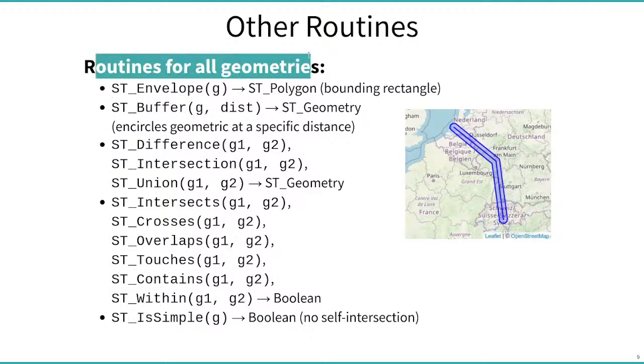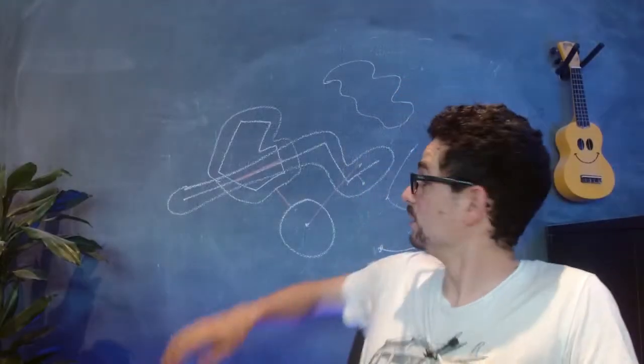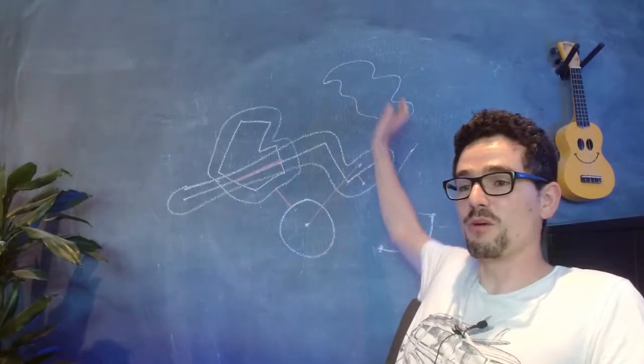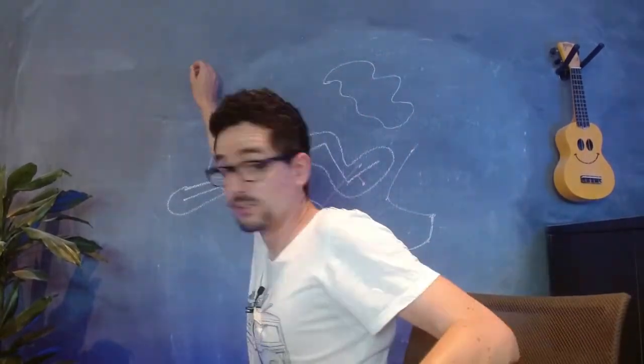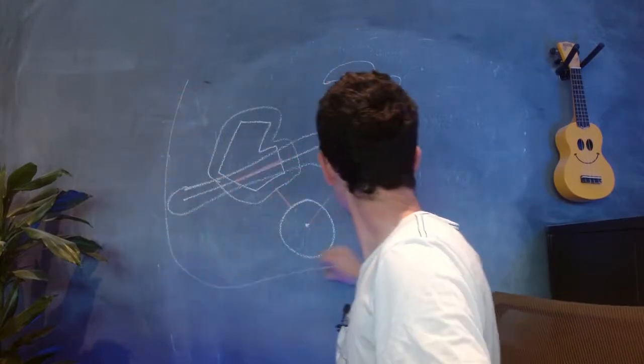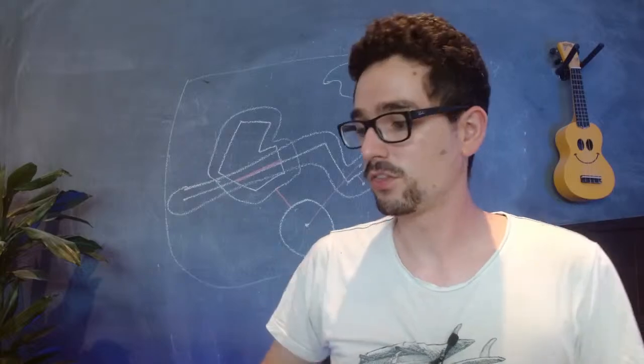There are routines for all geometries. Envelope is the bounding rectangle. So when we have, let's say, a geometric collection of everything, then the bounding rectangle, the envelope, would be the minimum rectangle where everything is in.